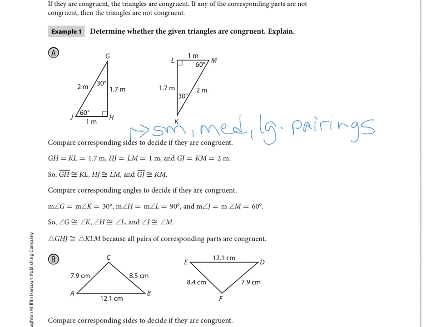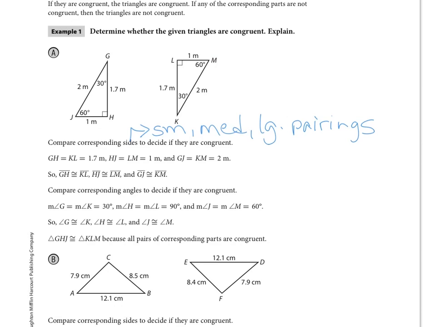As we look through here, it says GH is congruent to KL. GH is here, KL is here, and they are both 1.7. HJ is congruent to LM, those are our small sides, which are both equal to 1 meter. And then GJ and KM are both 2 meters. So my small, medium, and large pairings of sides are all congruent.